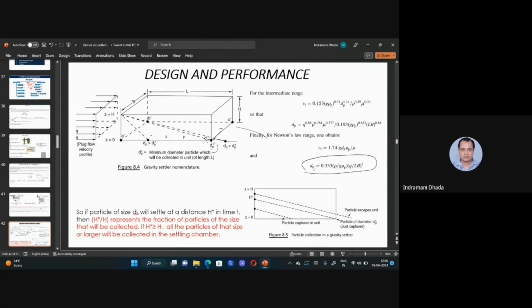Suppose you are designing the chamber for dp size, then you can easily arrest particles of that size, and if the particle size is more, it can be arrested. But if it is less than dp, then you are unable to arrest those particles. So that is the mechanism. Based on that, we can say this height h star: beyond h star, if any particle comes, you cannot easily trap it. If it is less than h star, then you can easily trap it.